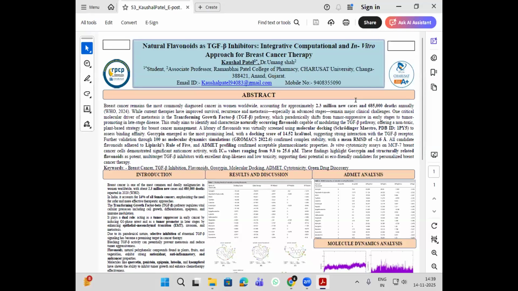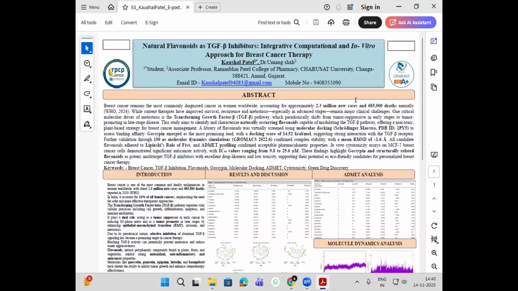So what methodology do we use? First of all, we use preparation of protein. For that we use the 1PY5 PDB ID protein, and using the Schrödinger Maestro 10.4 software, we optimize the structure, remove the water molecules, add hydrogen bonds, and protonate our protein at a pH of 7 plus or minus 2 for the actual docking study.